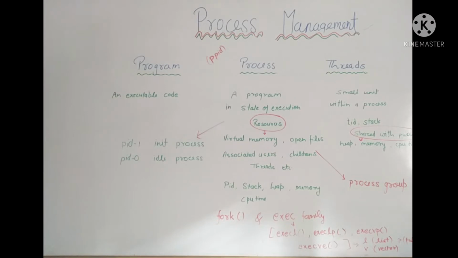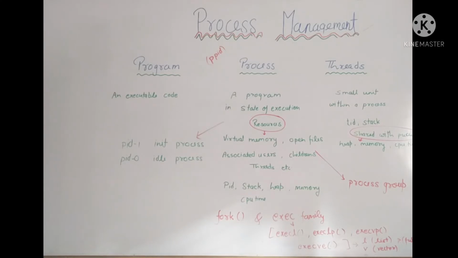Now, the term process refers to when a program comes into a state of execution. So, what is a state of execution? It is when a program is scheduled to run on the central processing unit, and has got its timer for running on the central processing unit.